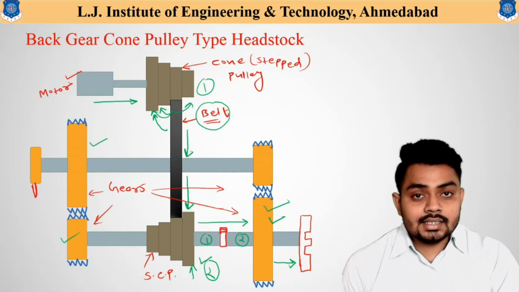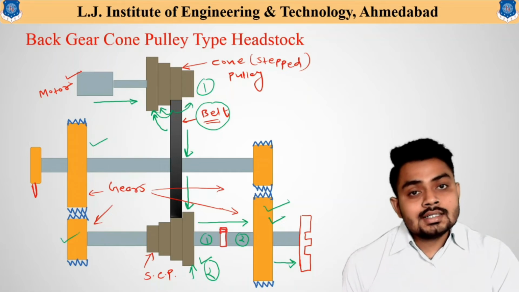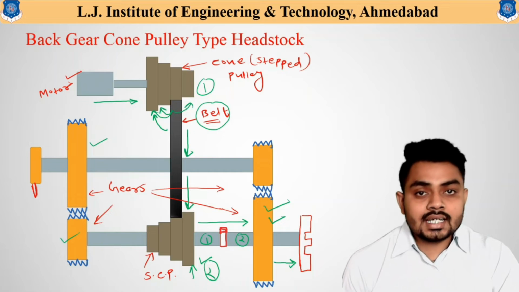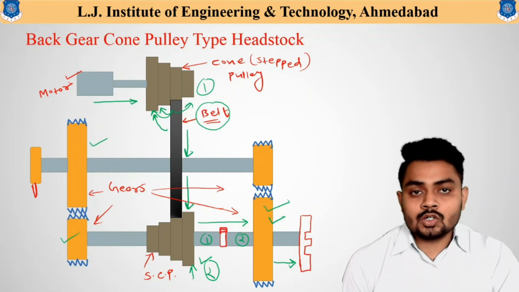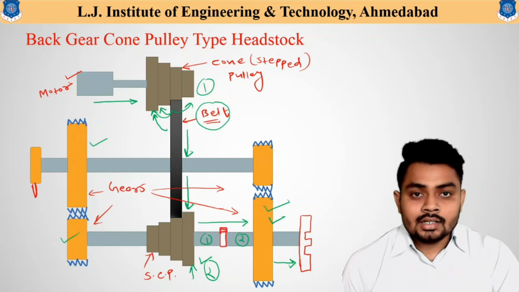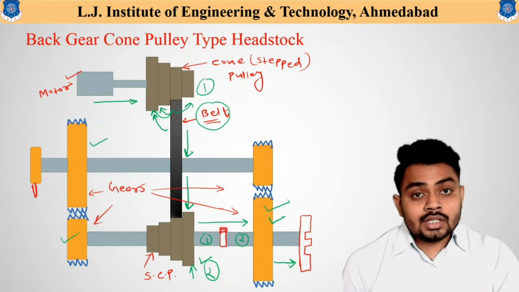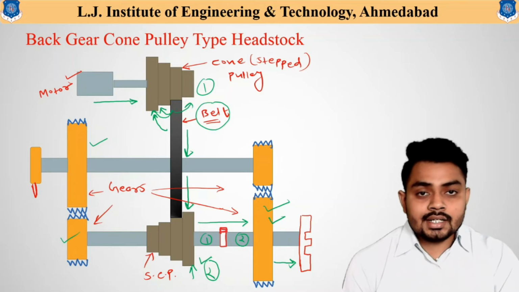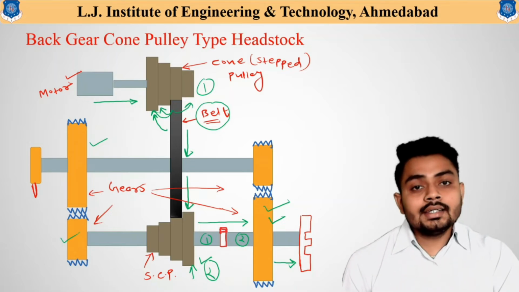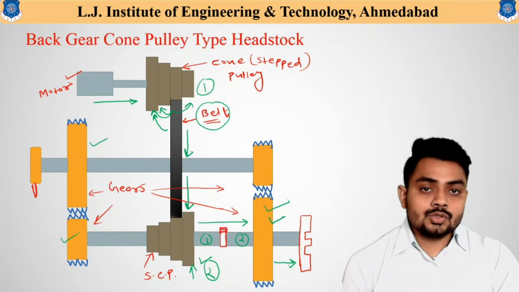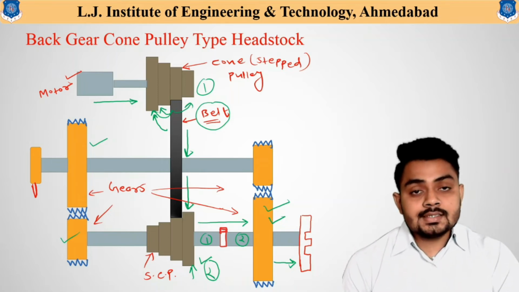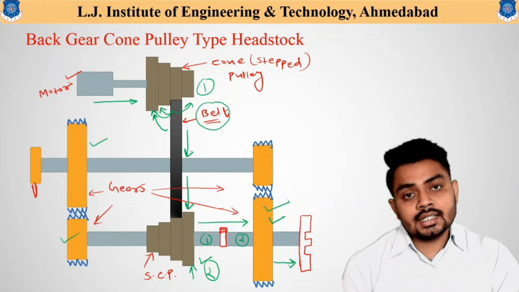Here you can see there are four different steps available, which means four direct speed variations can be obtained using this back gear cone pulley type arrangement. Now if we want to reduce further from the available direct speeds, at that time the back gears come into play, and the back gears help to reduce the speed based on the requirement.